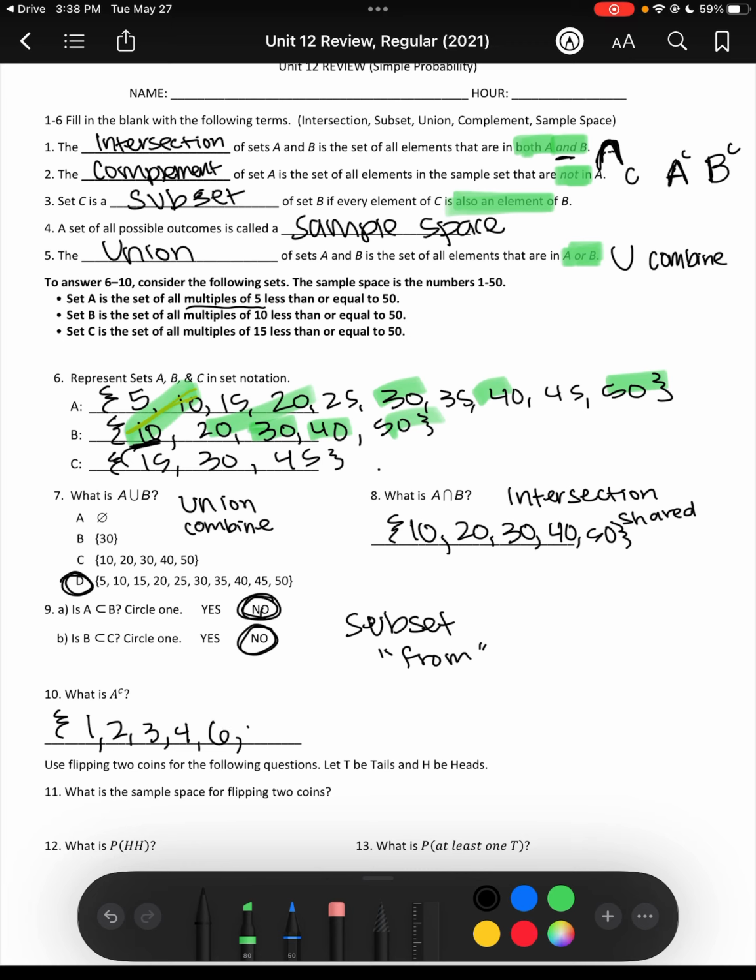Then we have 6, 7, 8, 9. We skip 10, 11, 12, 13, 14, skip 15, and we're going to keep following on in this pattern until we get to 46, 47, 48, 49, and that is the end of our set.